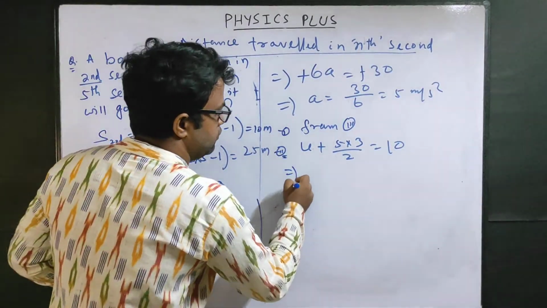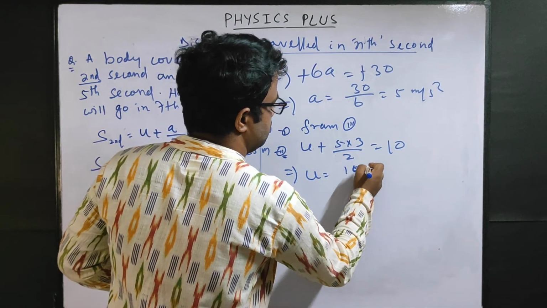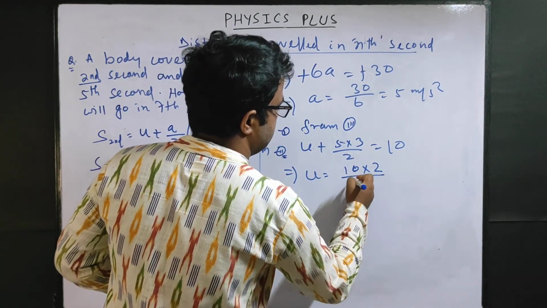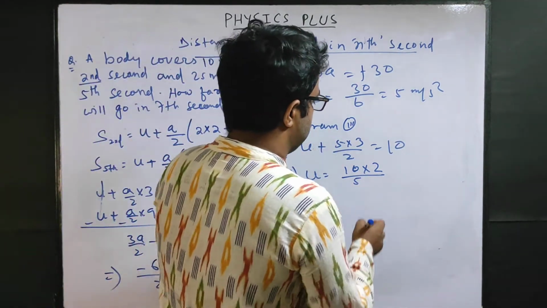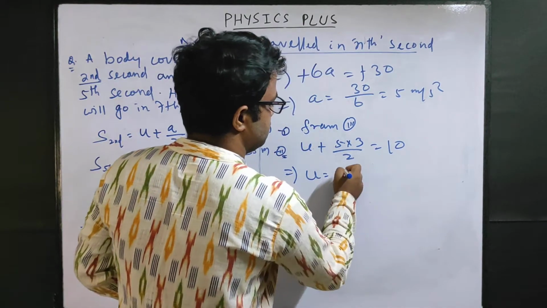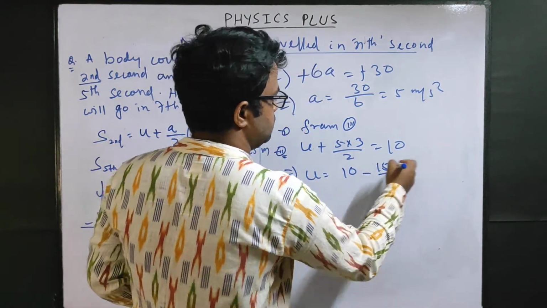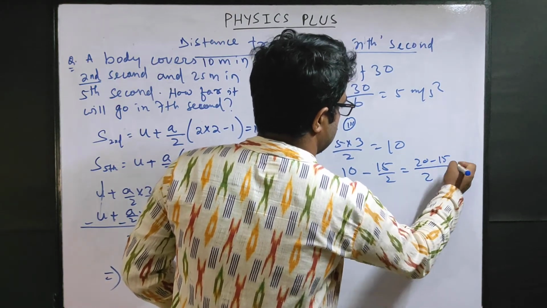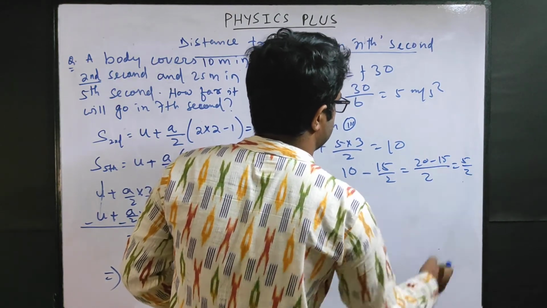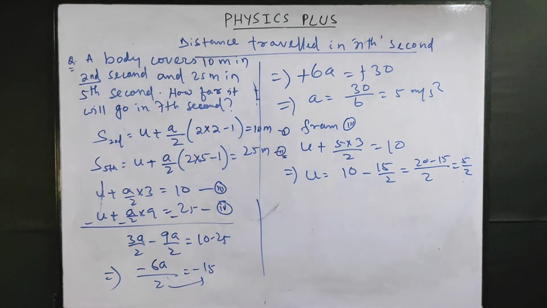So u will be 10 minus 15 by 2, with LCM 2, 20 minus 15, so this is 5 upon 2. So u is 5 upon 2.